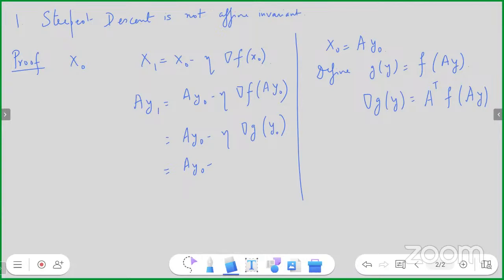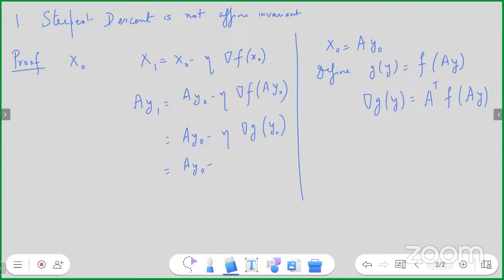Isn't the gradient of g of y equal to A transpose gradient f of AY? I know. So the gradient of f of x naught should not be an eigenvector of A transpose with eigenvalue 1. We don't have to say all that, because otherwise, if it belongs to whatever you're saying, things will be wrong in a different way.